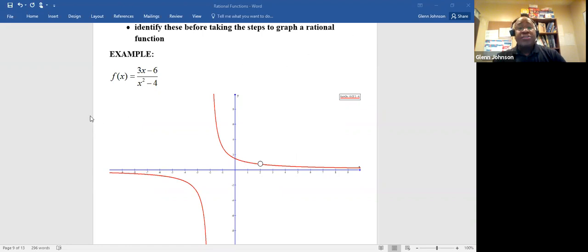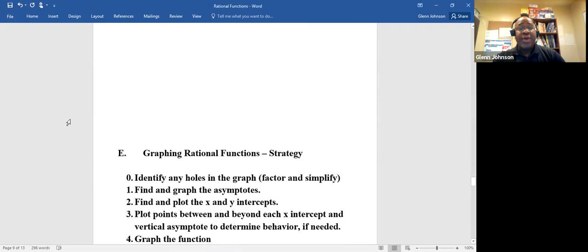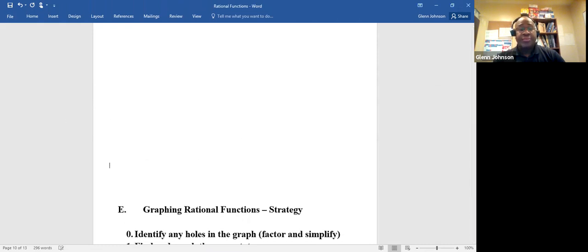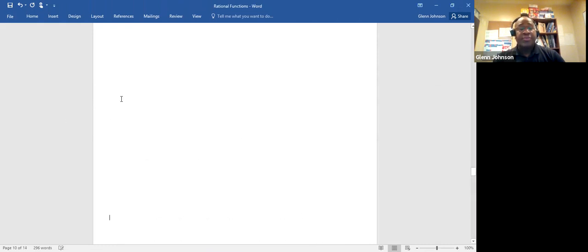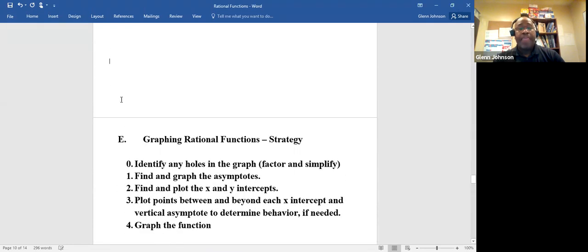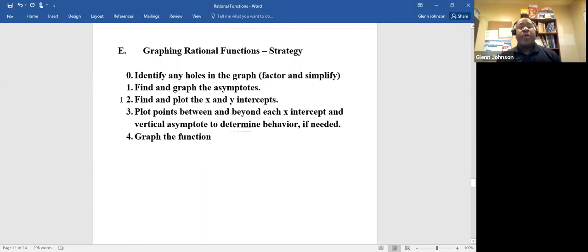So now let's go ahead and take a look at the process for graphing rational functions. Put this down on the next page. All right, so here are the basic steps.